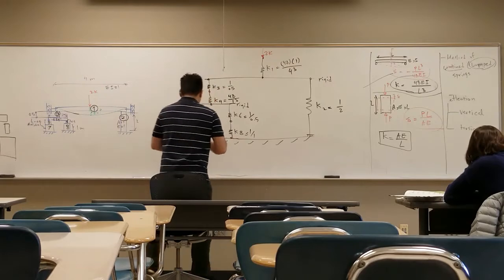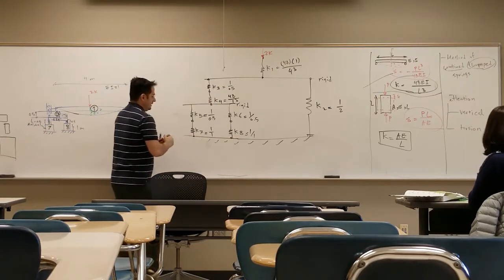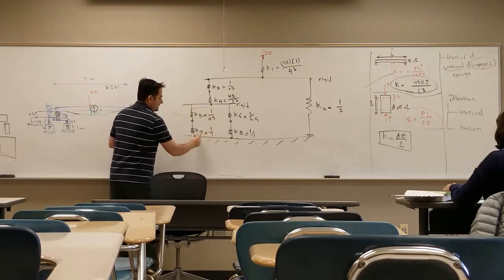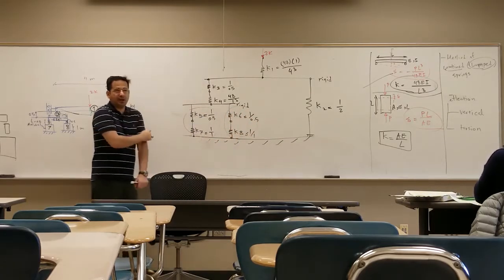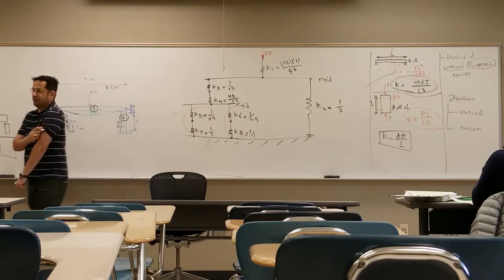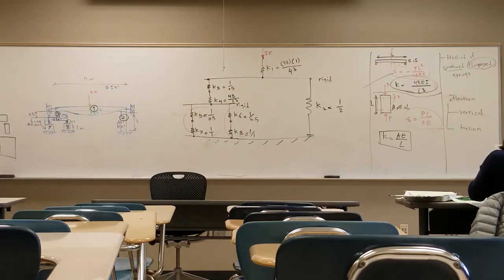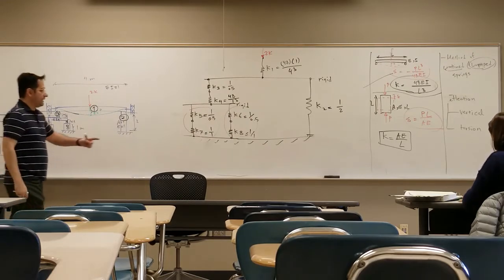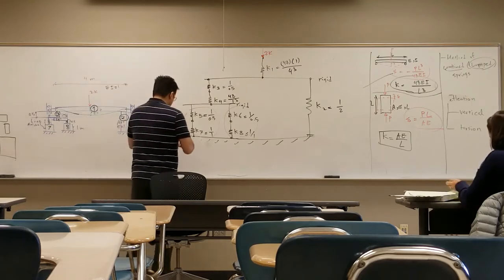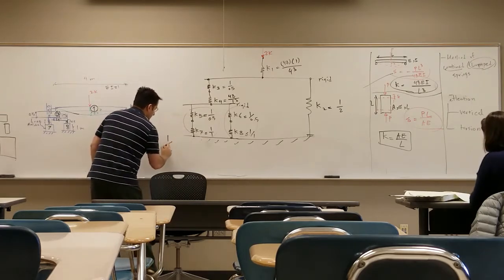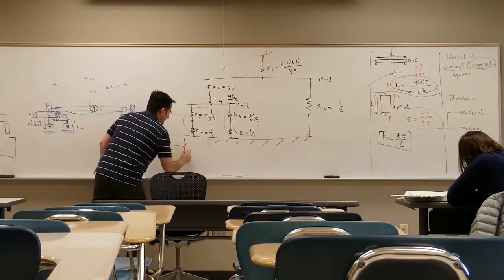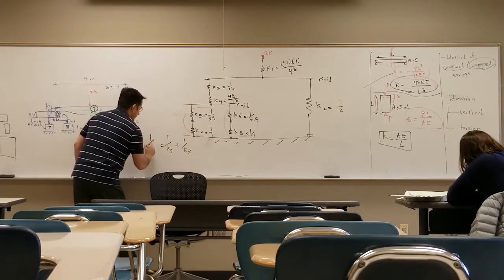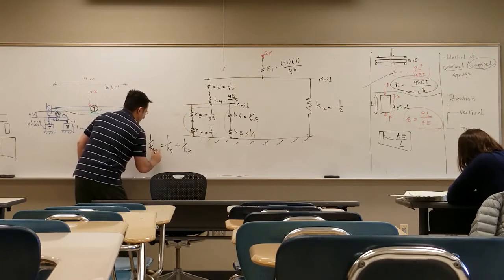So now, what should I do? First, I add this together and this together. Should I add them or use 1 over K total? I shouldn't add because they are in series. So 1 over K5 plus 1 over K7 is 1 over K total 1.